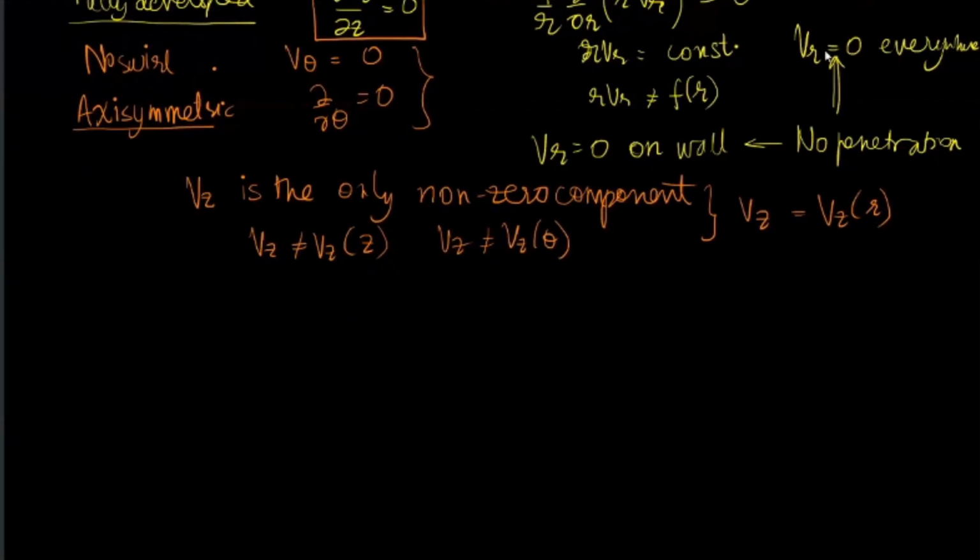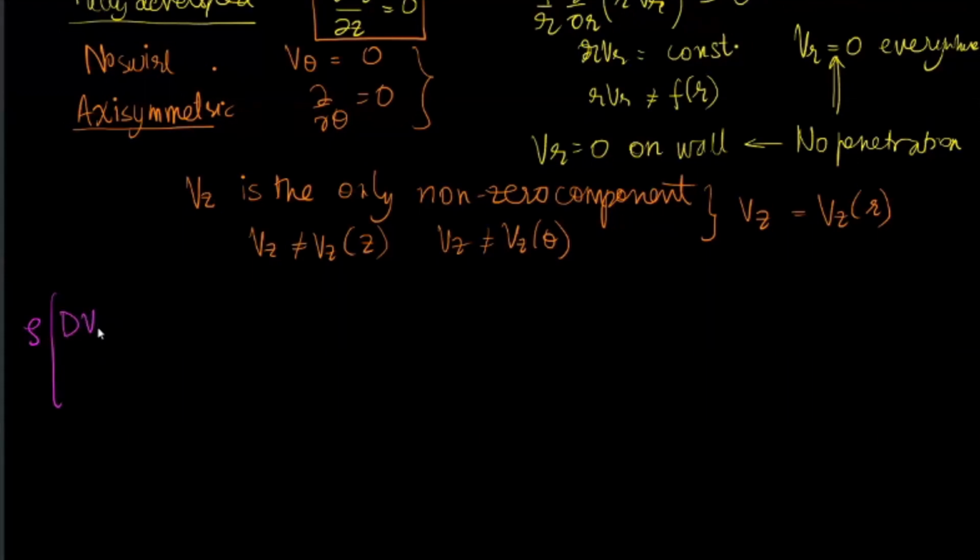Now let us write down the r momentum equation. So the r momentum equation is as follows: rho ∂vr/∂t. Actually, I'll not write down the entire set of terms.